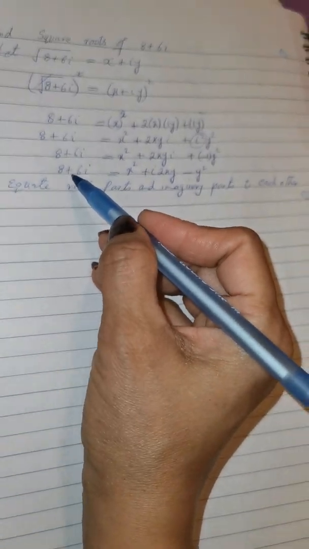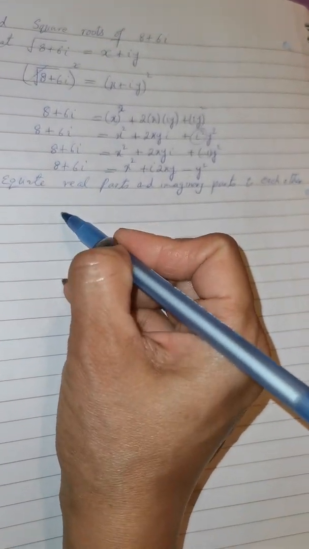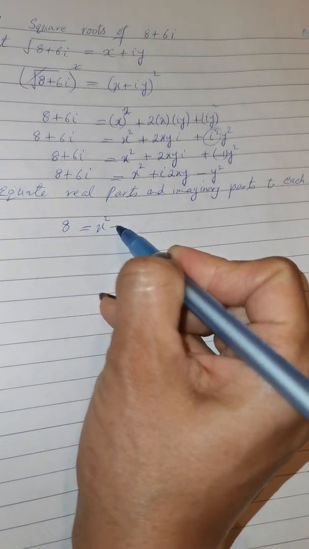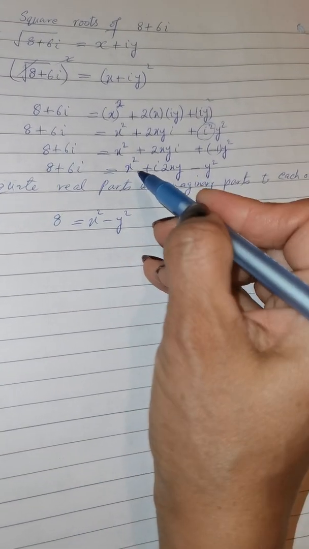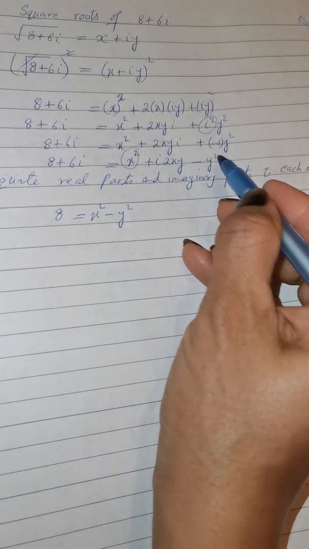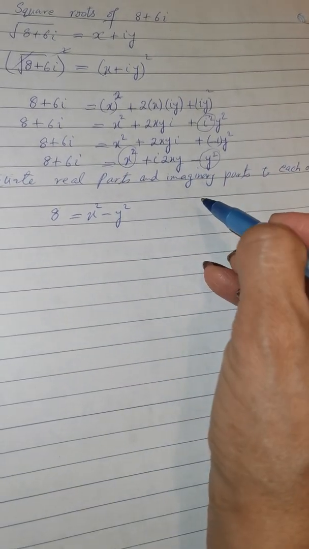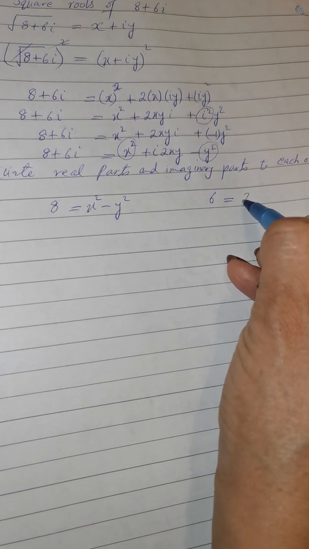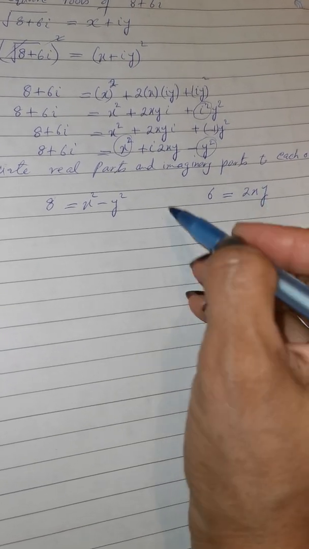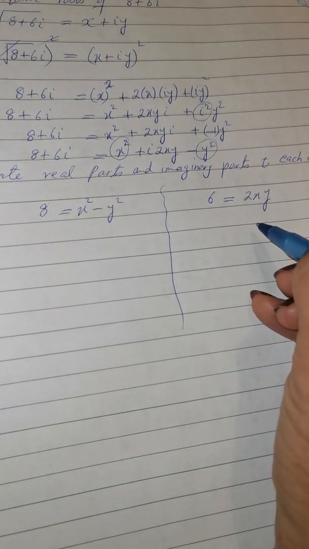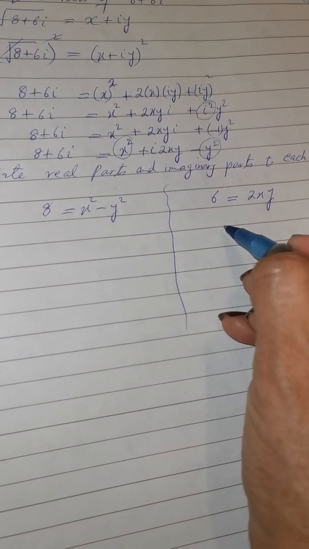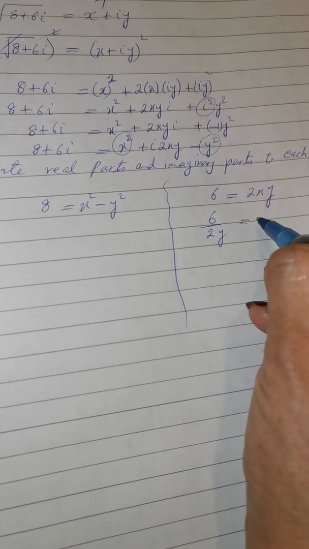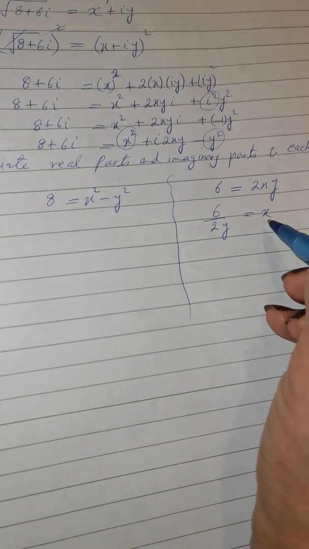The real part here is 8, so 8 will be equal to what are the real parts? x square minus y square, right? And what are the imaginary parts? 6 here and here is 2xy, right? We have two equations. Now from these two equations you can get the values of x and y.